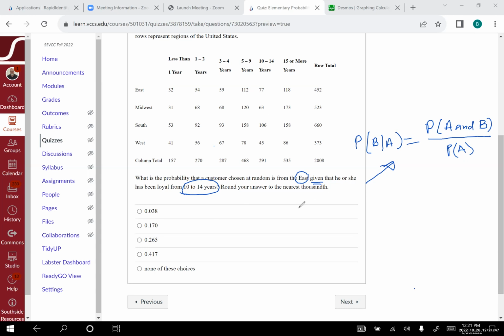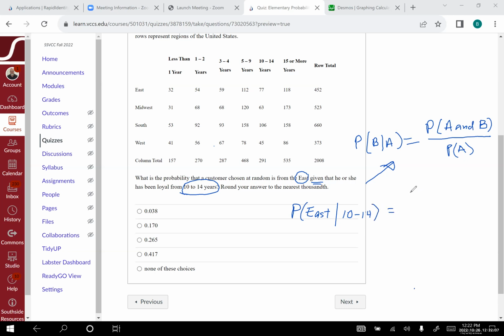So we want to know the probability of being from the east. This is just from the question itself. Given that loyal 10 to 14 years.